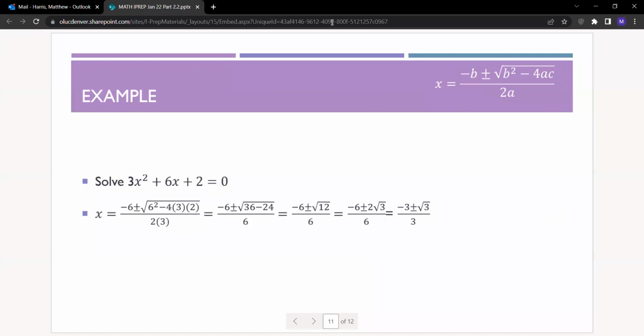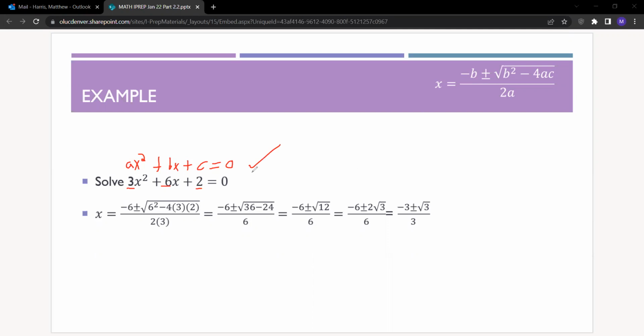So here's an example. We see right away that we have 3x squared plus 6x plus 2 equals 0. Does this follow our equation of ax squared plus bx plus c equals 0? I would say yes, it does, because you have your a, b, c, and it's perfect.